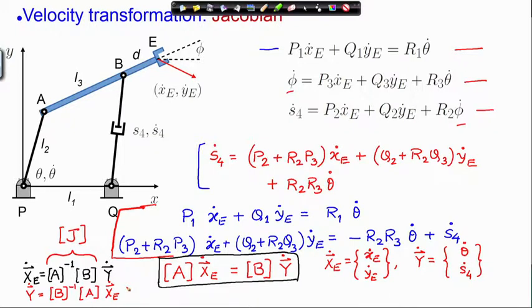So, we have finally determined the velocity relations.